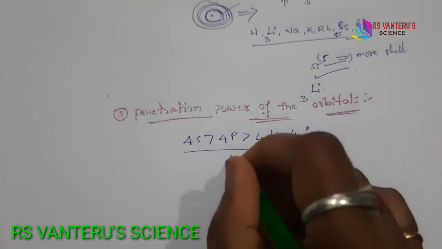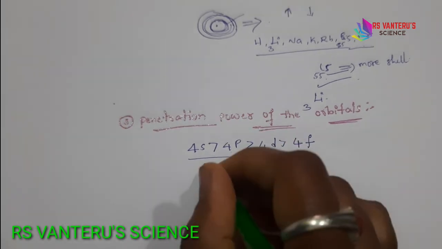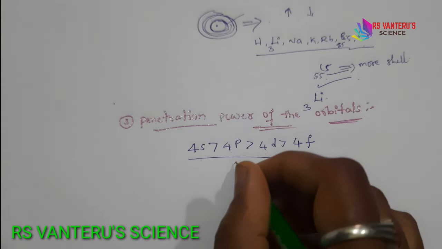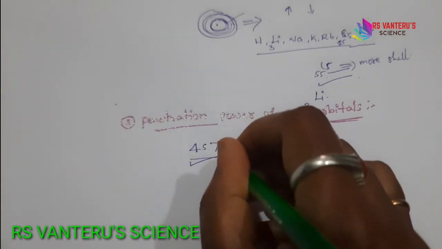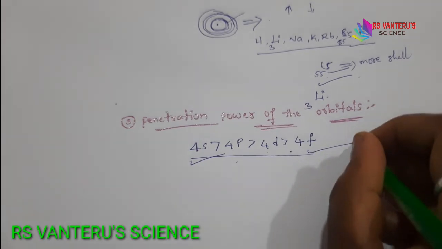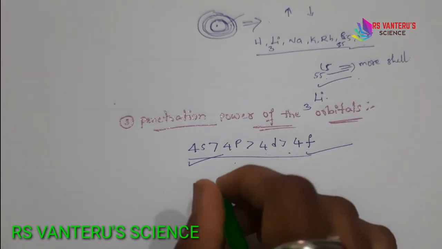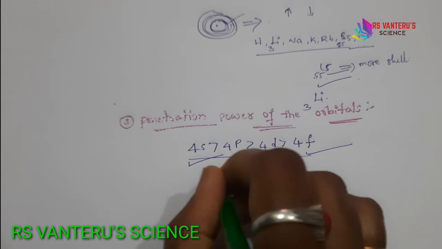Therefore, electrons can be easily removed from 4f than 4s.